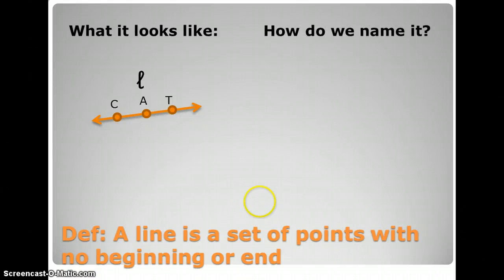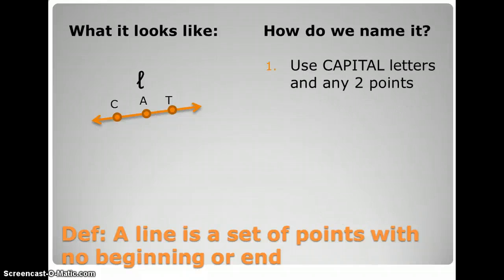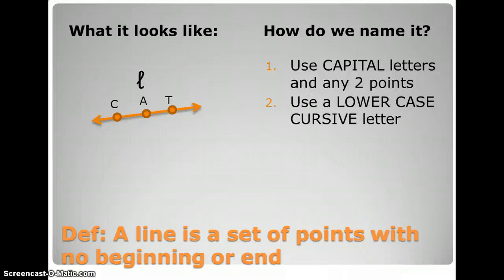So how do we name these? Well, there's a lot of different ways that we can name these. You notice with a segment, we had to use the beginning and the end as our name. For a line, it's a little bit different. We've got two options here. One is to use capital letters in any 2 points, and the other option is to use a lowercase cursive letter. We'll do that more in chapter 5, but for now we're going to use the capital letters in any 2 points.